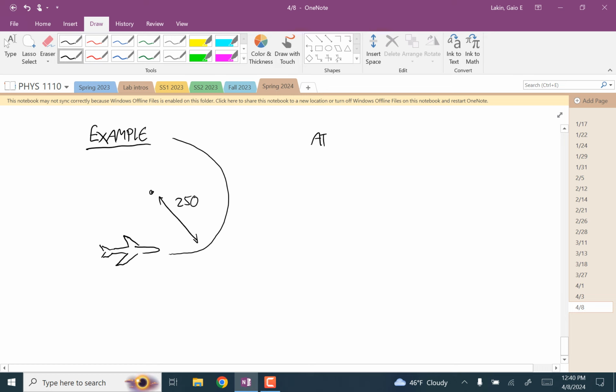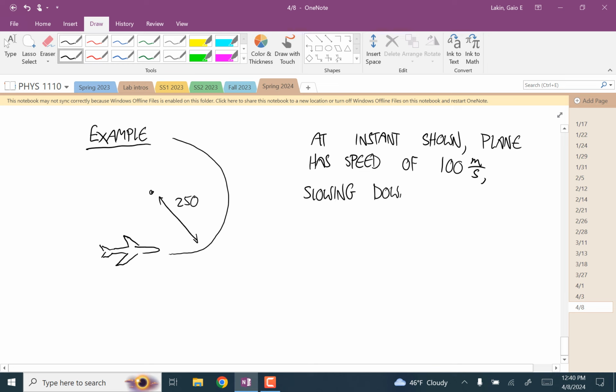And at the instant shown, the plane has a speed of 100 meters per second and is slowing down at a rate of 200 meters per second squared.